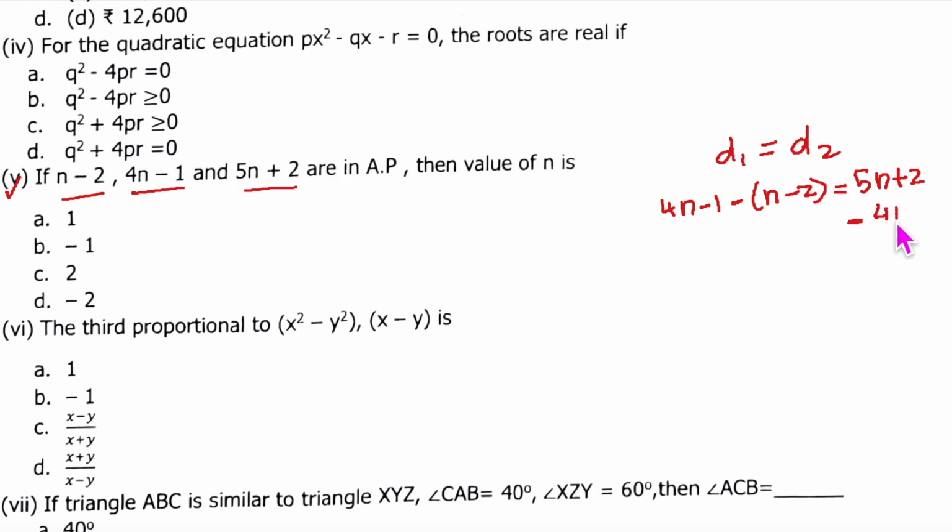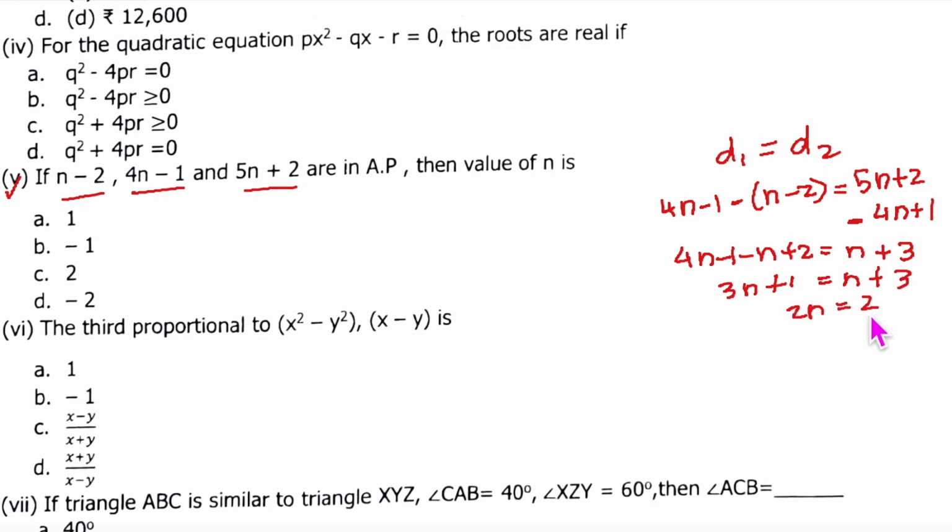So minus 4n and plus 1. This becomes 4n minus 1 minus n plus 2 is equal to 5n minus 4n is n and plus 3. This will be 3n plus 1 equal to n plus 3. So 2n equal to 2.